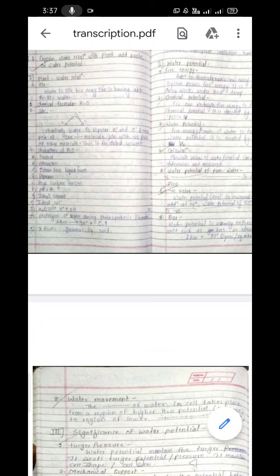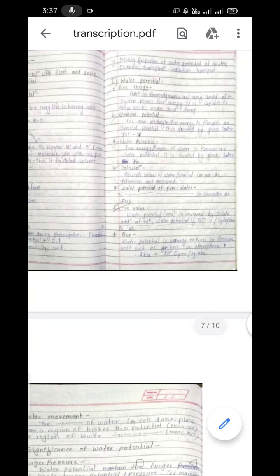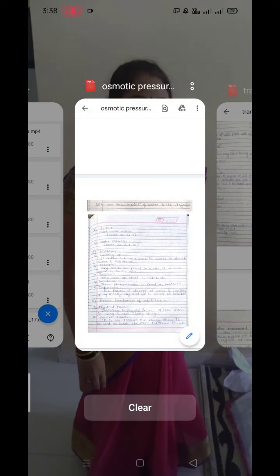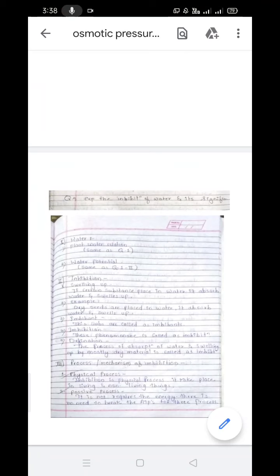The absolute values of water potential are always constant. Then how the negative values are formed, and what is the water potential of pure water. So these are some water potentials. So write down this water potential, then move towards the imbibition.